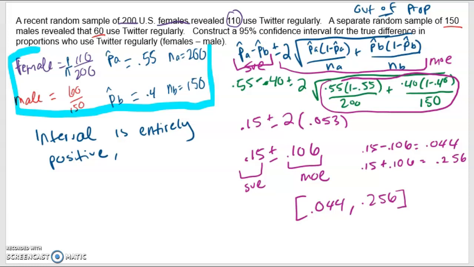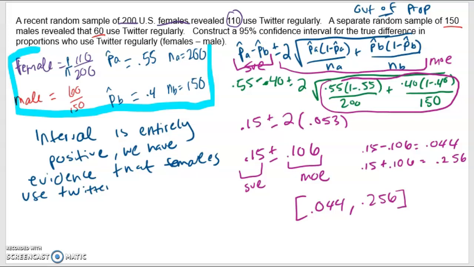So we have, because the interval is entirely positive, we have evidence that females, does that say females? Hopefully. Use Twitter more than males.